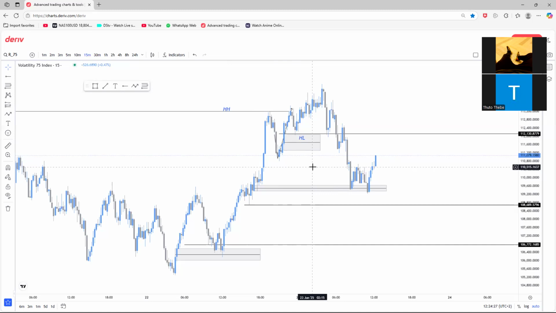These are things I don't think about, but they happen automatically, because I know market structure. These are the things you actually do on the chart, but unknowingly. You do them automatically.